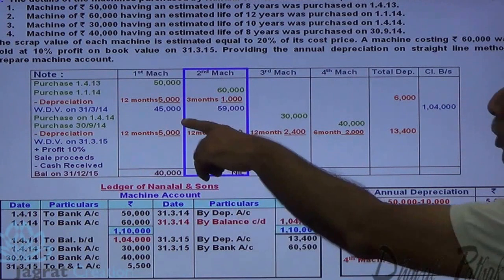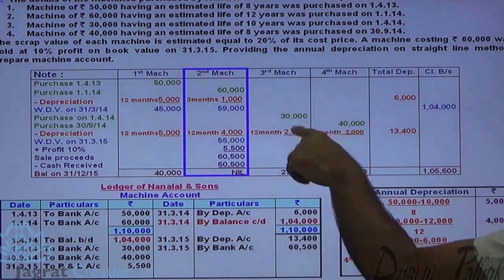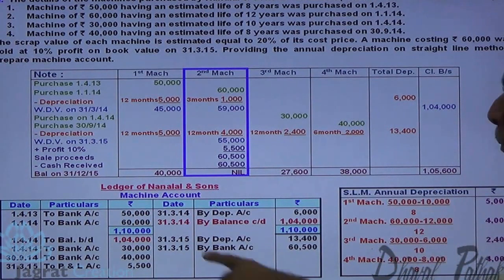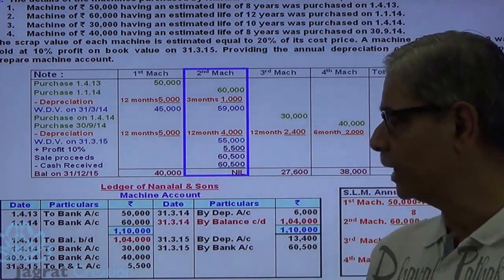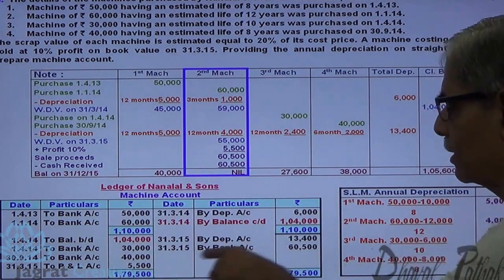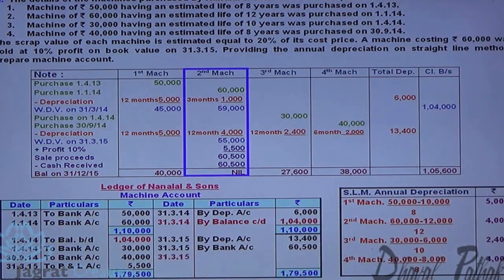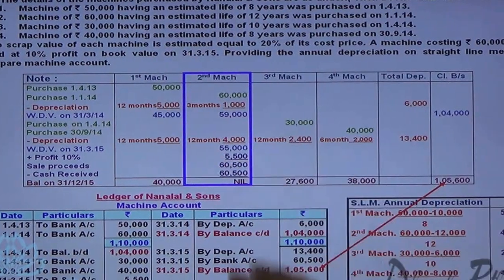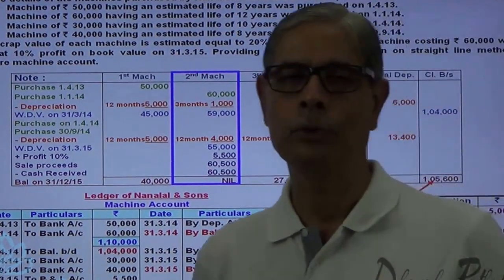Now here you will get the closing balance: 45 minus 5, 30 minus 2,400, 40 minus 2, and this is the total. Here I will work out the balance of my machinery account, total of debit minus total of credit. So total 1,79,500 minus this. So you will get the closing balance of machinery account, that is confirmed with the calculation. This is how this sum is solved here before you.